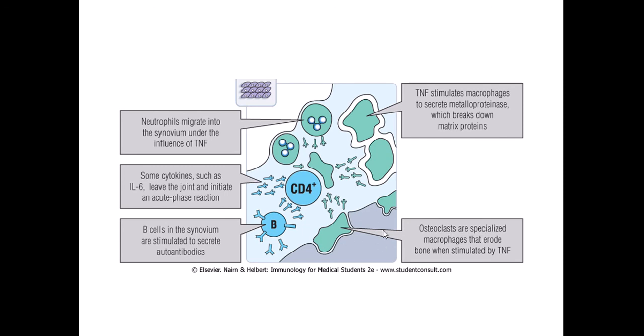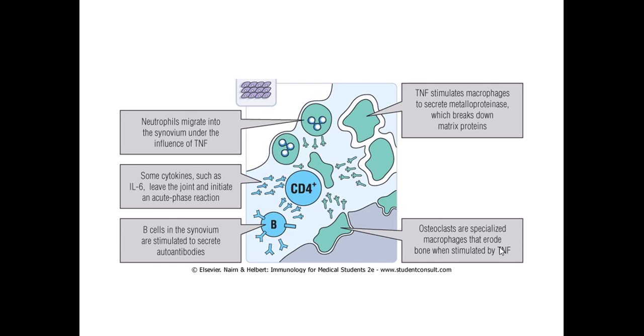And the most important point to remember is that the cells that are involved in all of this problem are the osteoclasts. They are specialized macrophages that erode the bone when stimulated by the tumor necrosis factor.